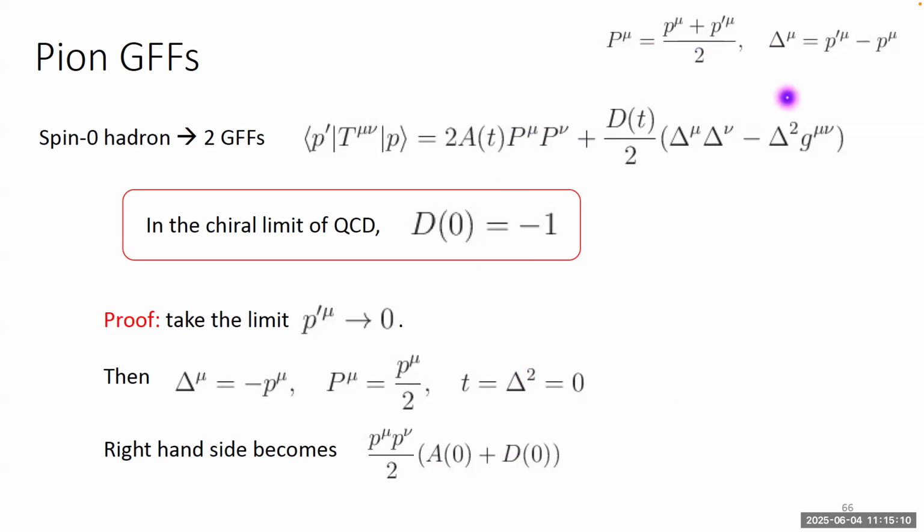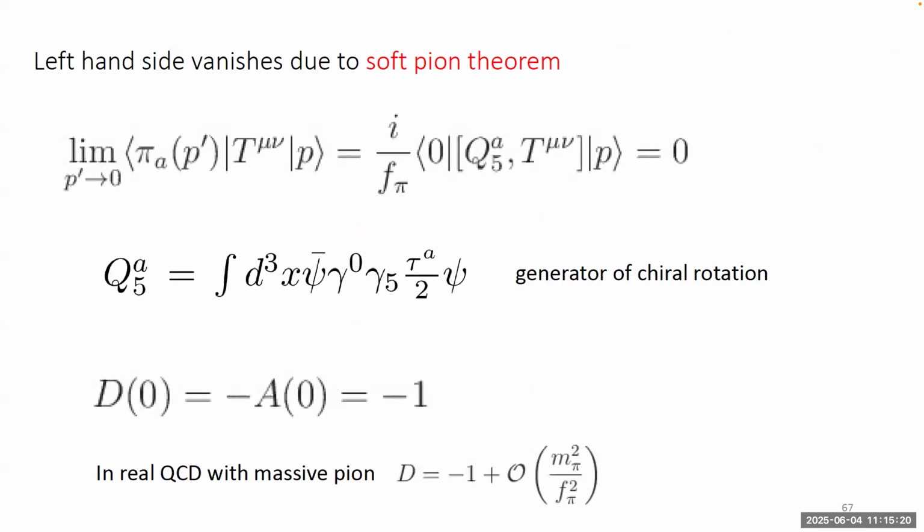So that is the right-hand side, and on the left-hand side, this is a non-perturbative matrix element, but I can use a very powerful tool, which is known as the soft pion theorem. This dates back more than 50 years, even before QCD. People like Weinberg and Coleman came up with this soft pion theorem.